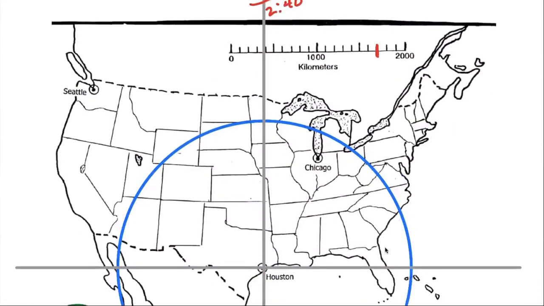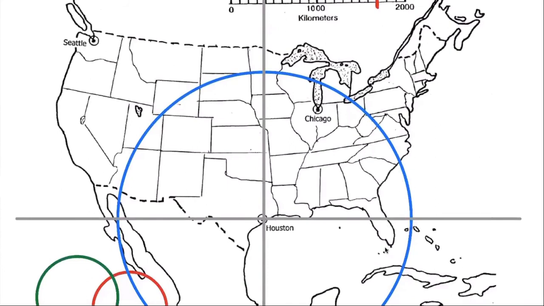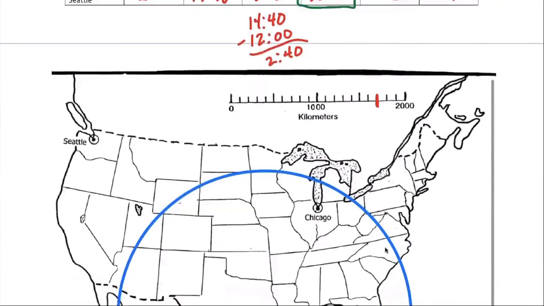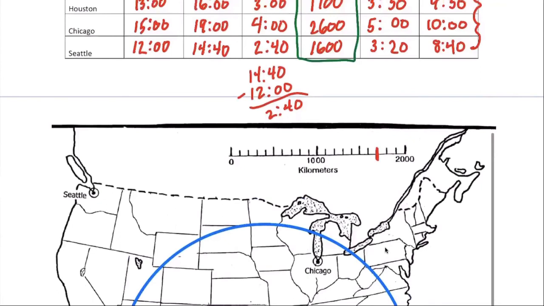This is a huge circle. So let me do this. We'll get this gray line out of the way here. And you're going to have to do this too, because 2,600, if you haven't noticed, is bigger than your entire scale. So you actually have to extend your scale. You can do that with a ruler or whatever. I have the option, because this is digital, of doing a quick selection here, and I can just duplicate that scale and make it as wide as I want.